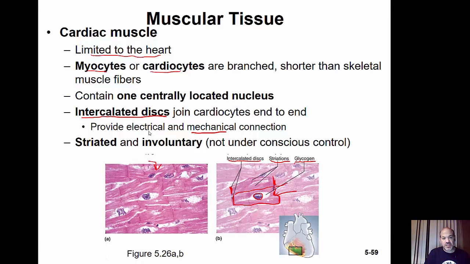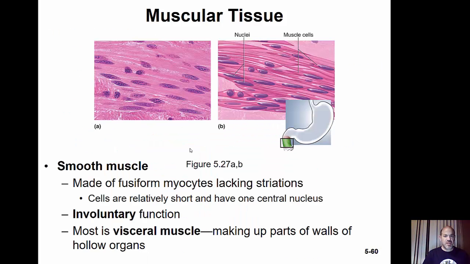Like I said, they help hold together. And they allow for the electrical information that causes contraction to rapidly spread through or between the cells. They are striated, but they are involuntary, which means we cannot think for our heart muscle to contract and pump blood. It's done automatically.